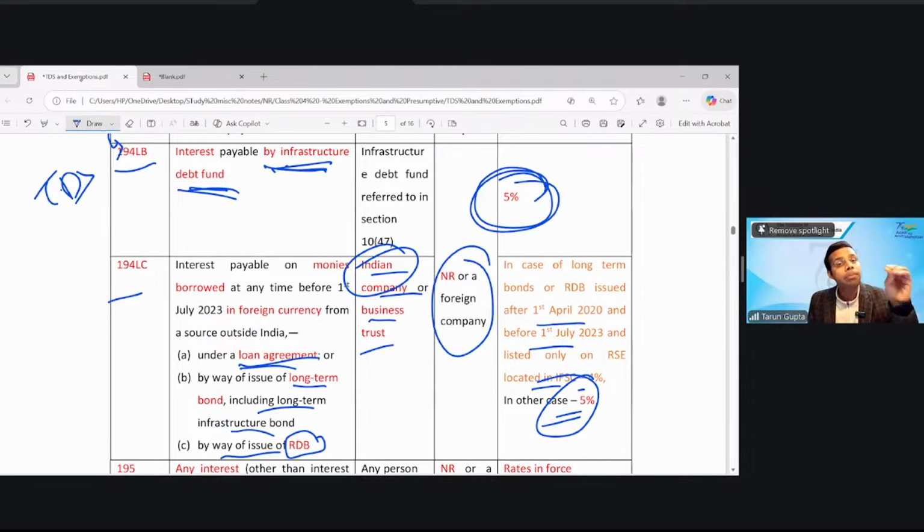So there's a big relief for the non-resident, rather for the Indian company, because now they will get easy money, because non-residents would be encouraged to lend money to India. When you are a non-resident, you have many options. You can lend it to India or to any of the other developing countries. So you will weigh where you receive more revenue with lower risk.